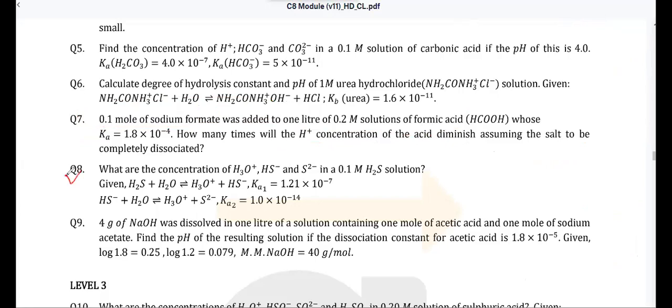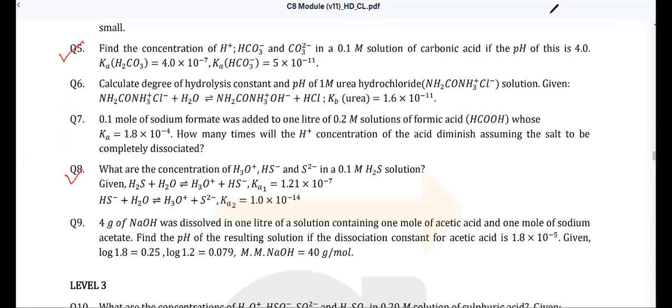Question number 8. Now 8 is ditto same as question number 5. Instead of H2CO3, we have H2SO4, so H2S. Guys, can you follow? Ditto same, no difference.